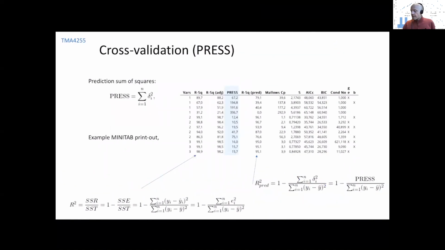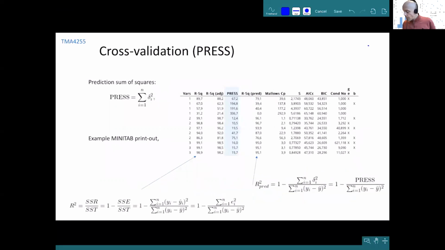Here's the PRESS statistic for a range of models. So you can also not just do forward selection or backward elimination, you can do best subset in various ways in Minitab here. And here we're looking for PRESS that is small. So which models have small PRESS? Here we see this one has a small PRESS, some are ridiculously large, like this one.